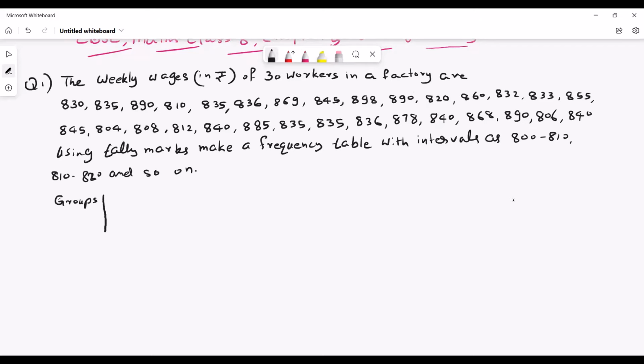This will be one column. Then we make tally marks; the next column will be for tally marks. Based upon the tally marks, we come to a frequency. The third column will be frequency.